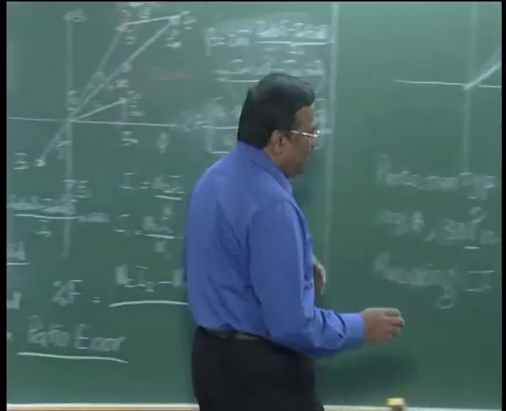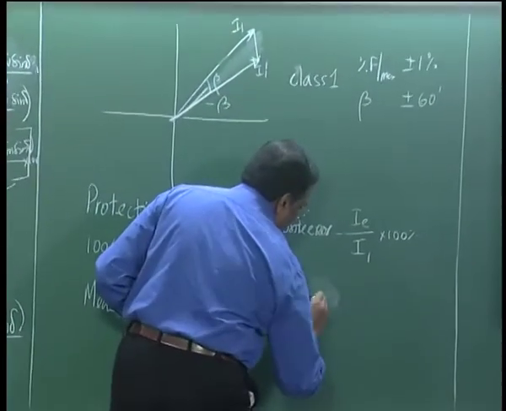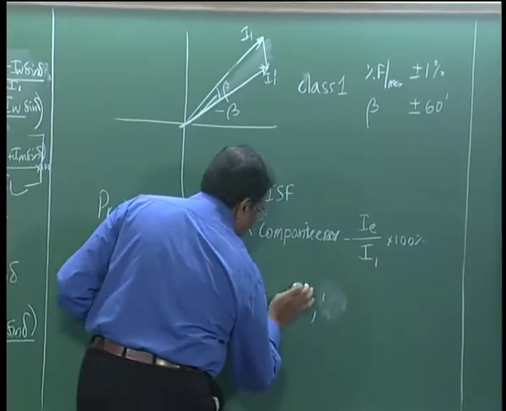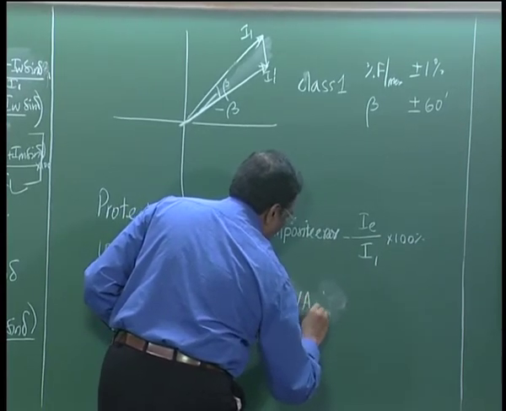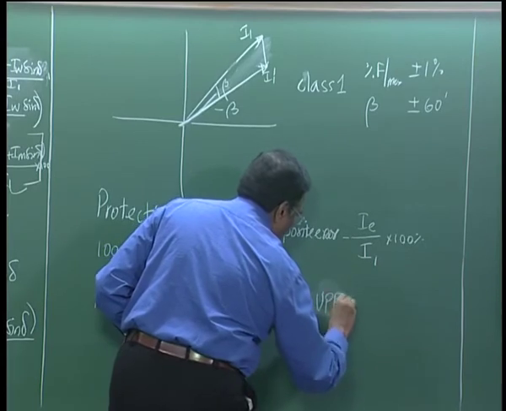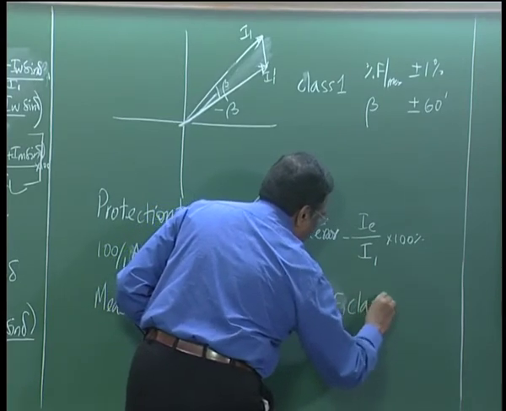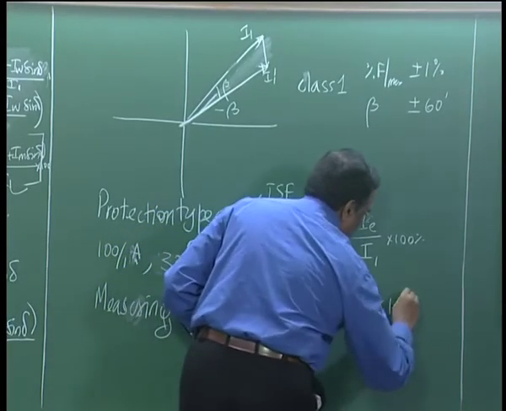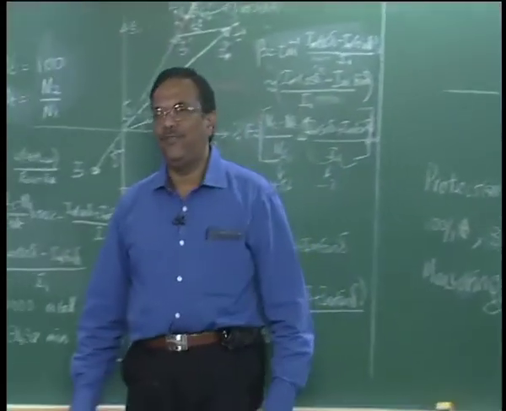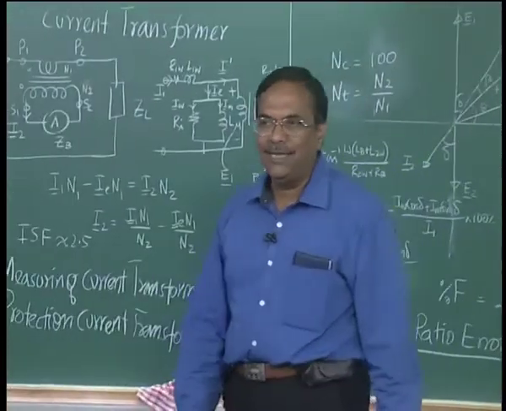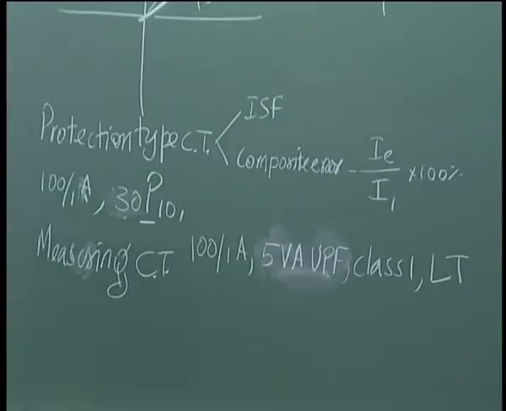So we introduce the burden as soon as we specify the current. 100 by 1 ampere, 5 volt ampere, unity power factor.